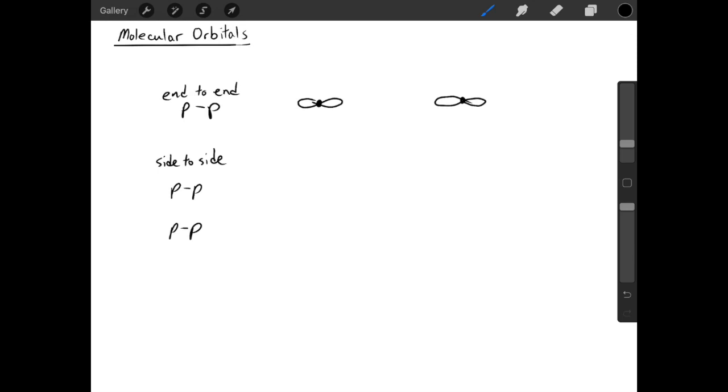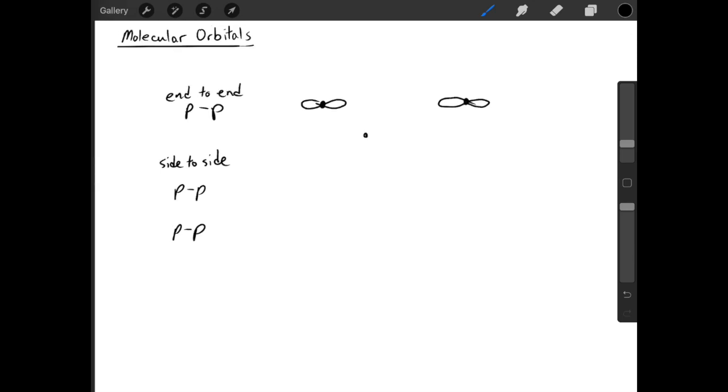Again, the little dots are going to represent the nuclei. And again, note that the bonding orbital has most of the electron density between the nuclei, and the anti-bonding orbital has most of the electron density outside the nuclei, pulling them apart.